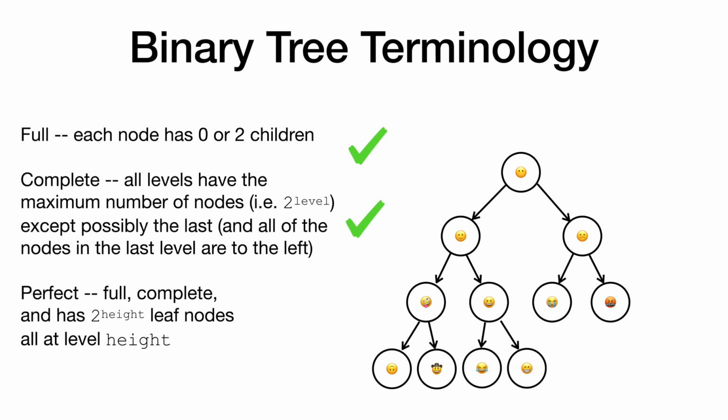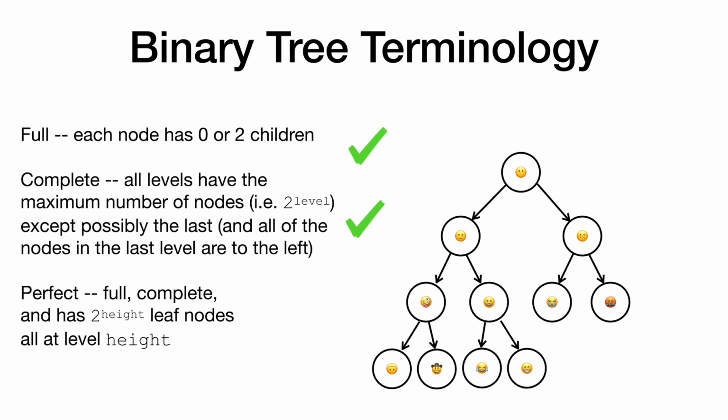And for it to be perfect, it has to be both full and complete, which it is, and it has to have 2 to the height leaf nodes.